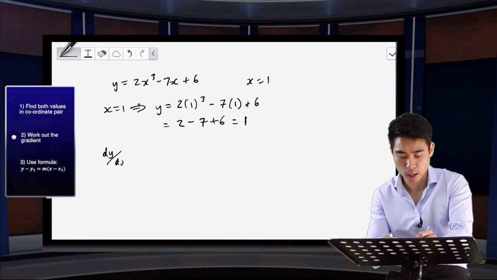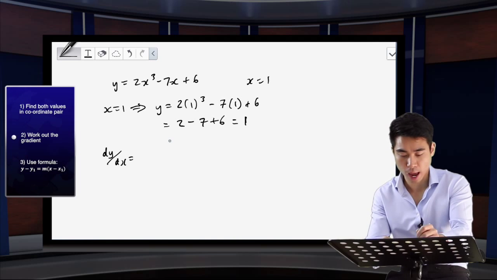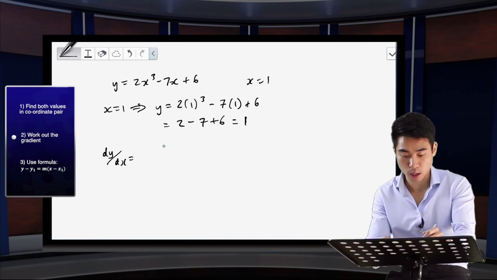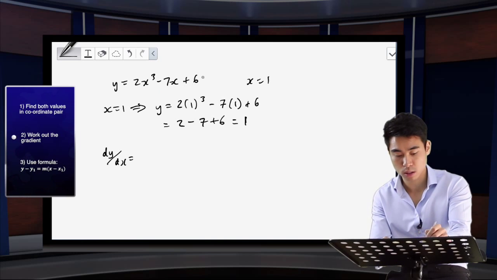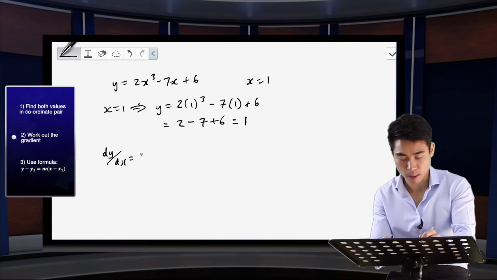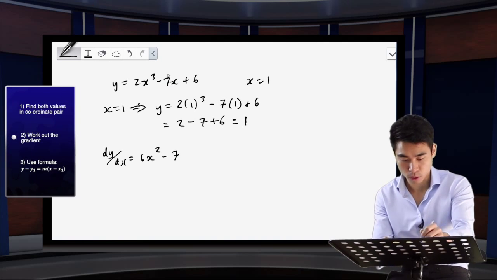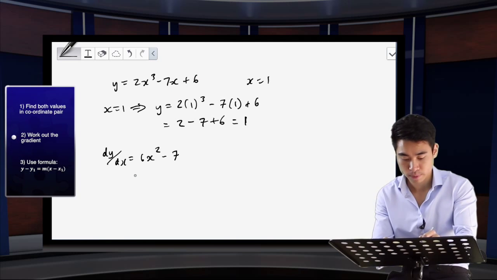So I now have my y coordinate, my x coordinate. Just for completeness, I'll write this out again. So dy by dx. Now we're working out our gradients. So last bit of information in the puzzle, if you like. Dy by dx, I'm going to differentiate this. Combine my 3 with my 2, bring that power to the front, gives me 6x squared minus 7. Differentiating that term just gives me minus 7. Differentiating this term, your plus 6 will disappear.